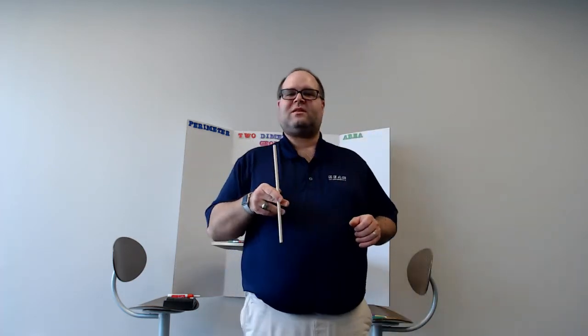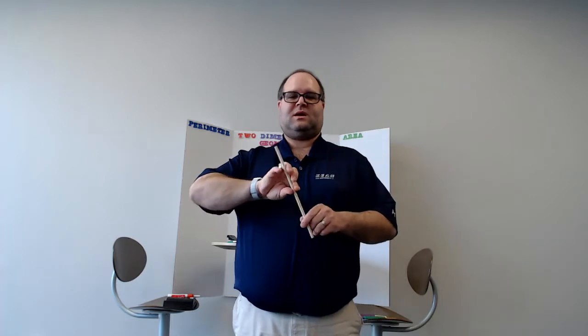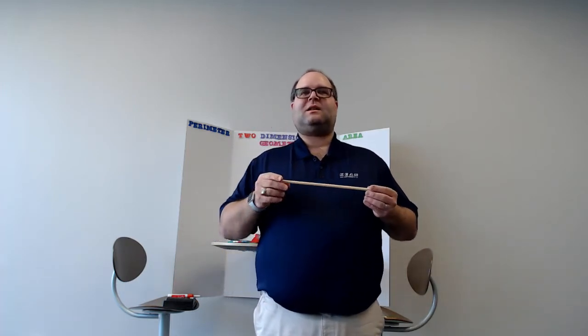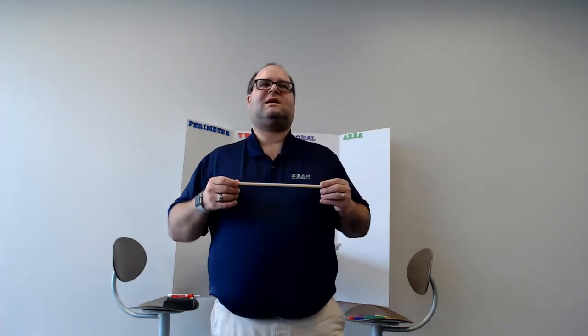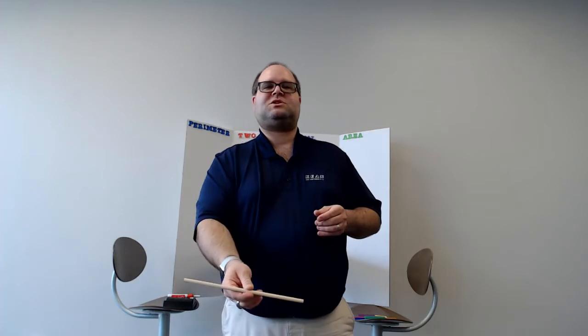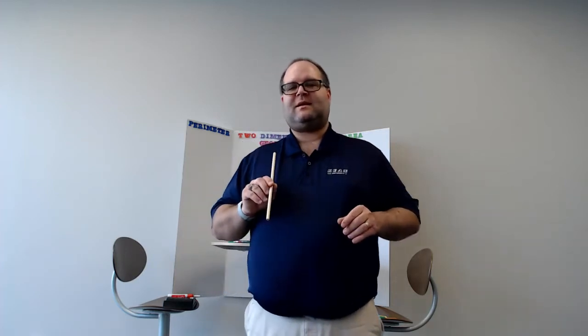And that line's distance or length doesn't change regardless of how it is positioned. So I can spin this around and the length doesn't change. That's one of the nice things about distance. The position and orientation doesn't affect its distance.